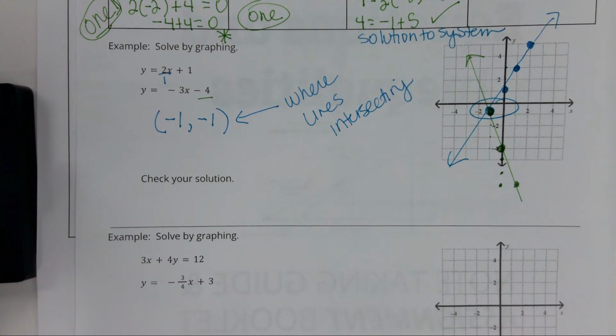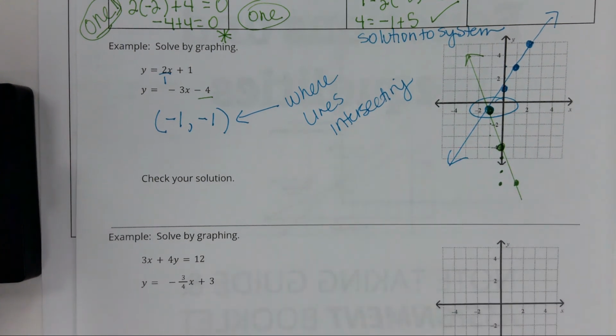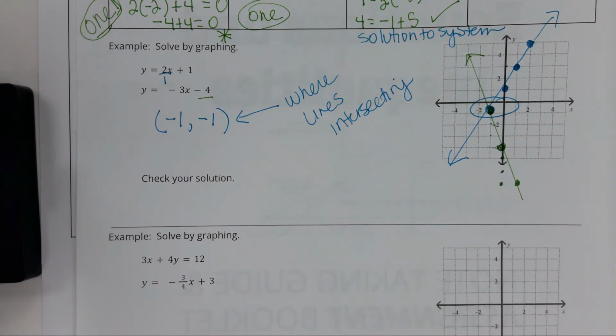If they're parallel, or was it super easy to tell negative 1, negative 1 because we're graphing the lines ourselves and we might make some error on our straight edge? Yeah. So solving by graphing is not always the most accurate. Mostly, I need you to be able to look at graphs and know if there's a solution or not. And how you tell is if they touch. Okay.